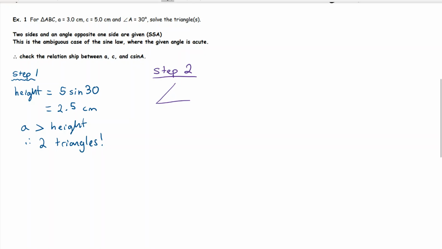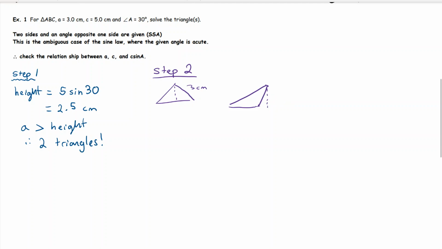One triangle is going to be going to the right of the height of my triangle, and the other triangle is going to be going to the left of the height of my triangle. So my triangle's height is here. I either go to the right of the height, and this is side a, which is 3 centimeters, or I go to the left of the height, and that side is also 3 centimeters.